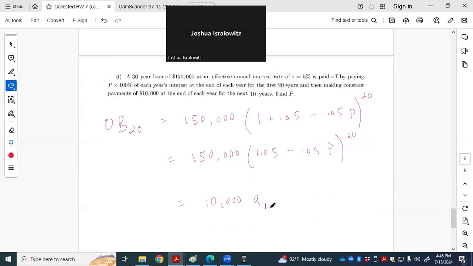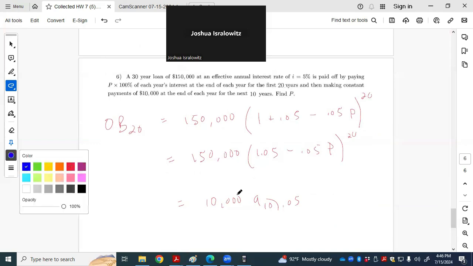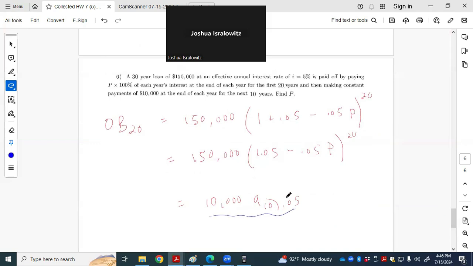So it's 5%. And yeah, this is the present value. So in general, how much you owe is the value at that moment of the rest of your payments. It's basically time valuing everything at T equals 20.